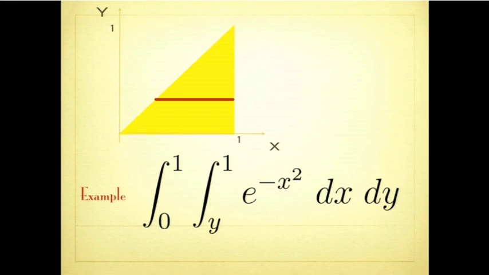And then if you write it, this was a type 2 integral. Now let's write it as a type 1 integral. Then you go from 0 to 1 dx, right? And then you go from 0 to x dy. And then you have still e to the x squared. But now there is no problem, that gives us e to the minus x squared times x.